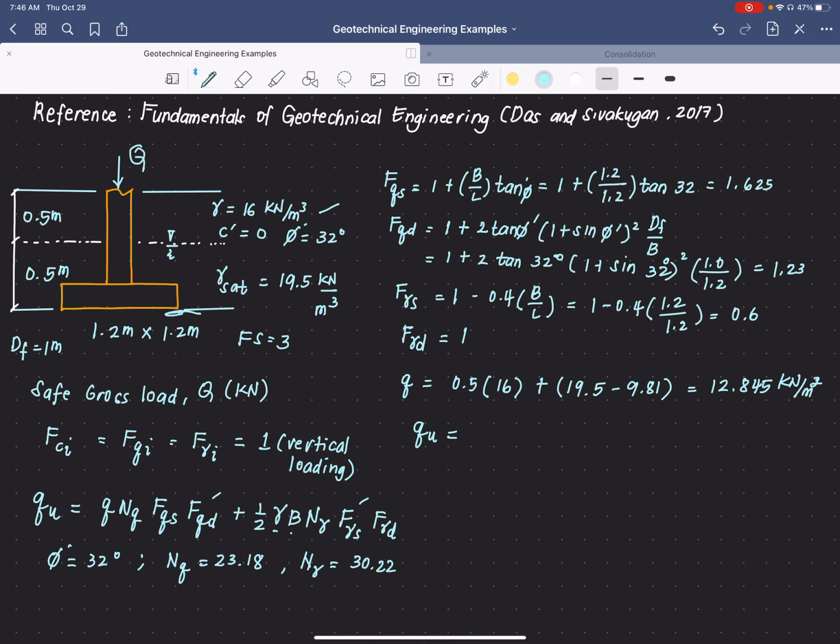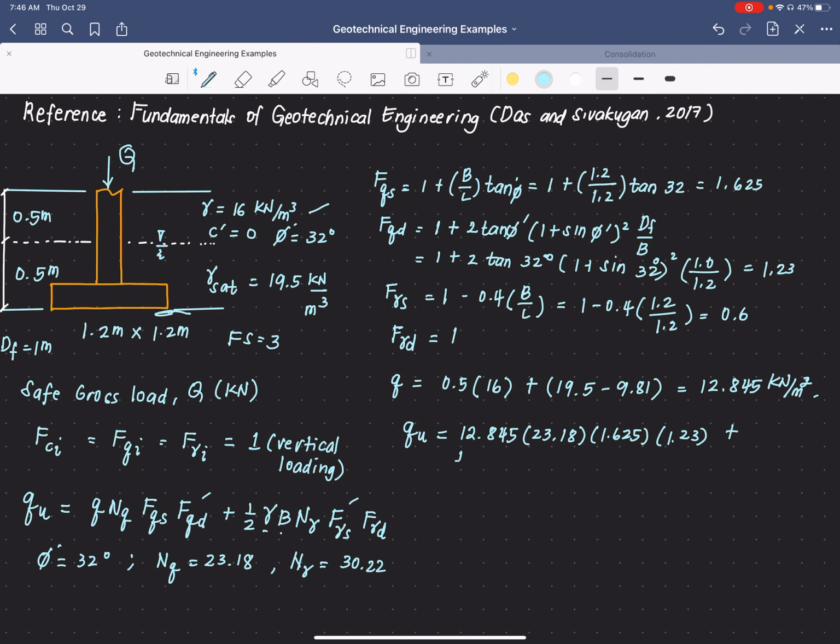So the bearing capacity would be equal to the effective stress of 12.845 multiplied by N sub Q, which is 23.18, multiplied by F sub QS, which is 1.625. Then we have F sub QD of 1.23.